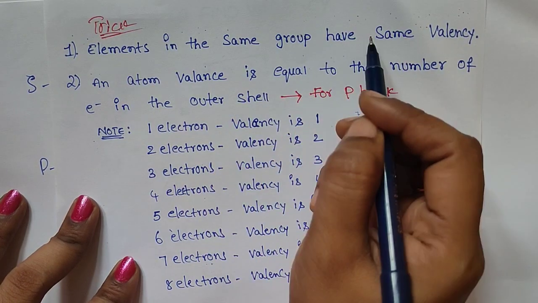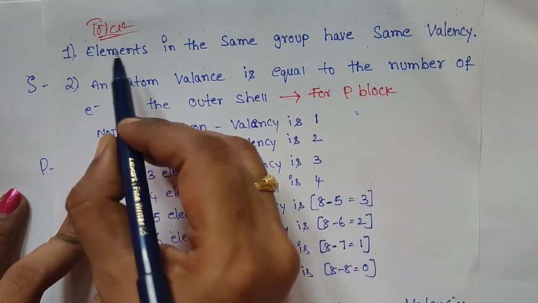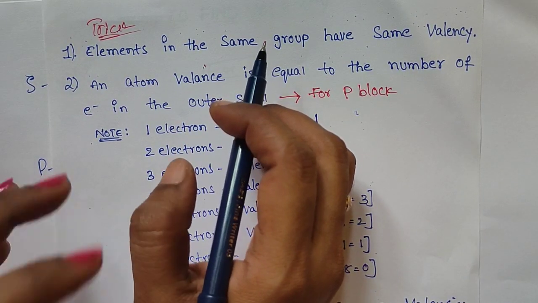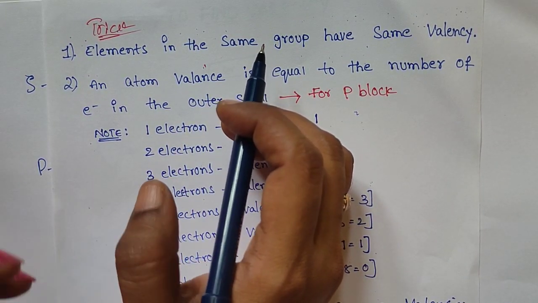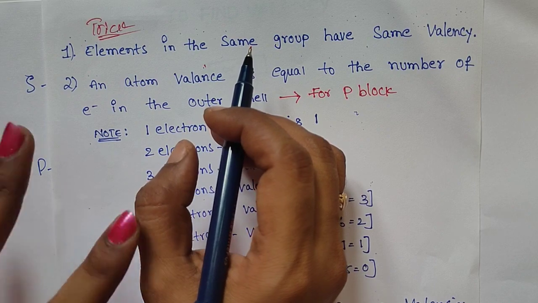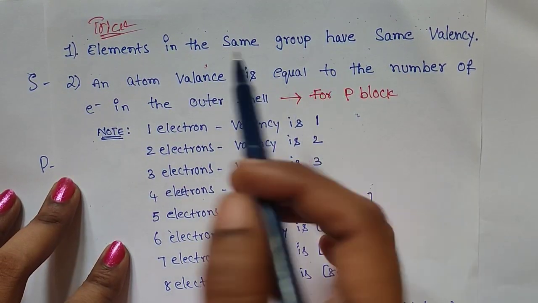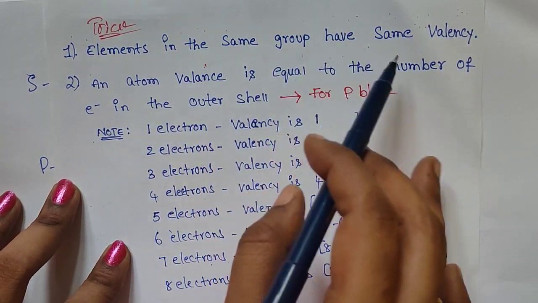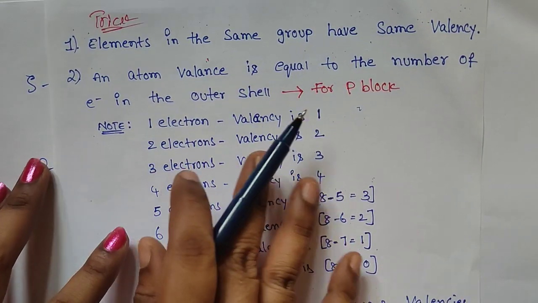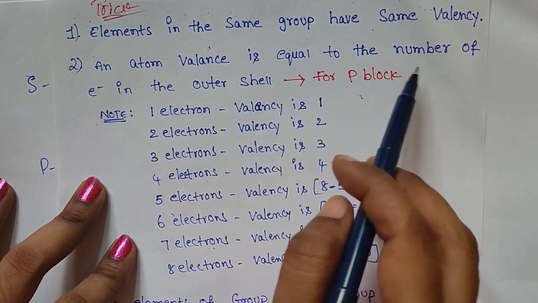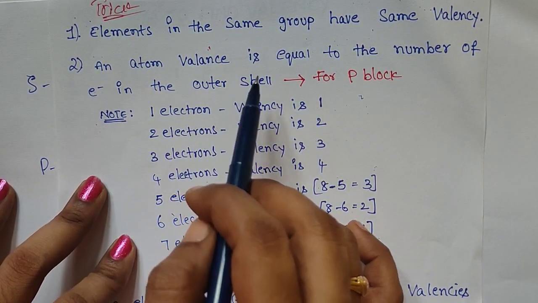Elements in the same group have same valency, and it is applicable for D block also, but the D block has variable valencies, so sometimes this rule is not applicable there. Just apply this rule for only S and P block. Elements in the same group have same valency. See here, an atom's valency is equal to the number of electrons in the outermost shell.